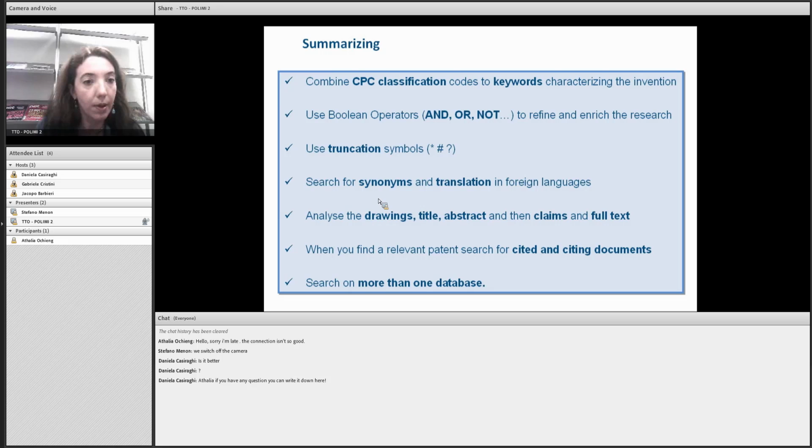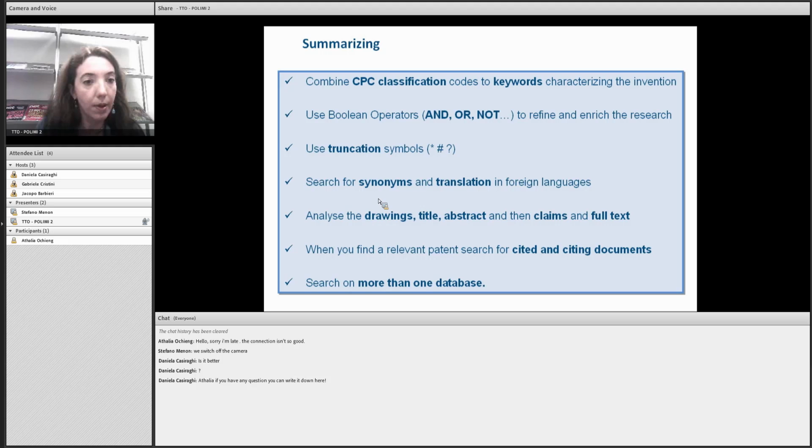You have to check not only the title and the abstract, but also the drawings of the patents you find, and the claims and the full text, to understand if there is something that is interesting for you. And you have to look for the cited and citing documents to obtain a wider search.